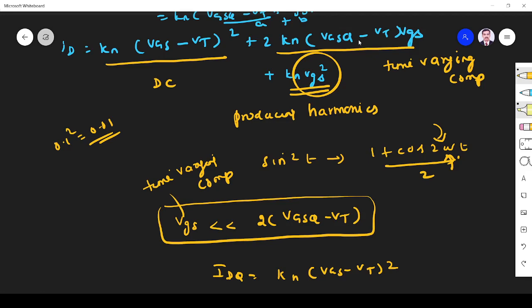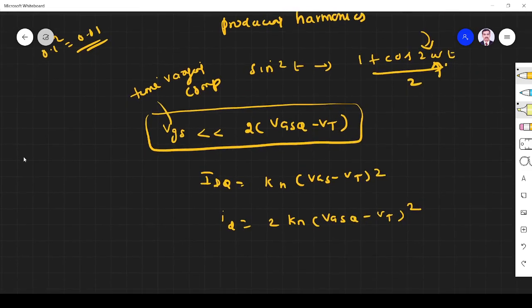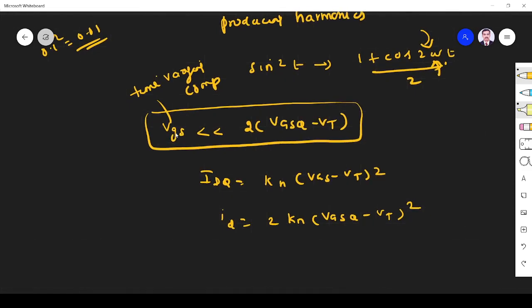This part is the AC component. AC is in small letters. So id is equal to 2Kn (VGSQ minus VT) vgs. Right, so you see the signal magnitude should be very small compared to this value, so that's why we are calling it a small signal.